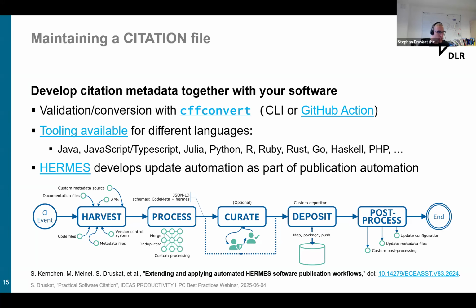Basically what it does is it goes over the repository and harvests metadata from many sources: CFF files, of course, but also CodeMeta, documentation, some code, and the version control system as well. It tries to build a coherent set of metadata that you can look at and curate and say, this looks okay, before it deposits the software and the metadata together in a repository. And the post-processing step is where you can write back the updated metadata into your repository. This is still work in progress. We're not at version 1 yet, but we're on the way to get there.